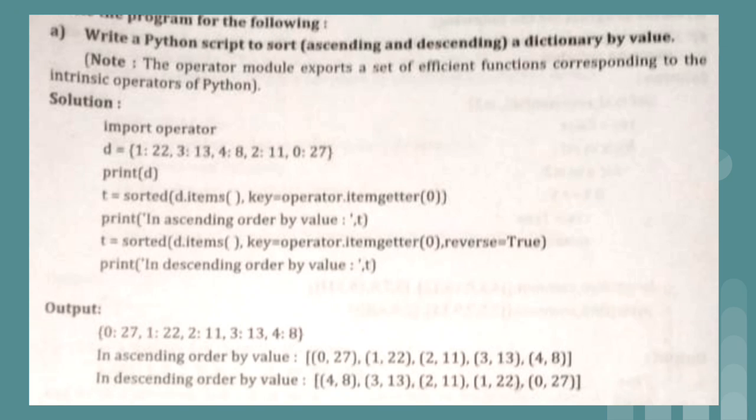This attribute will give us the answer in reverse. Reverse means descending order. So by default it is ascending, and if you want to sort the dictionary in descending order, then we have to provide this third parameter, that is reverse equal to True.